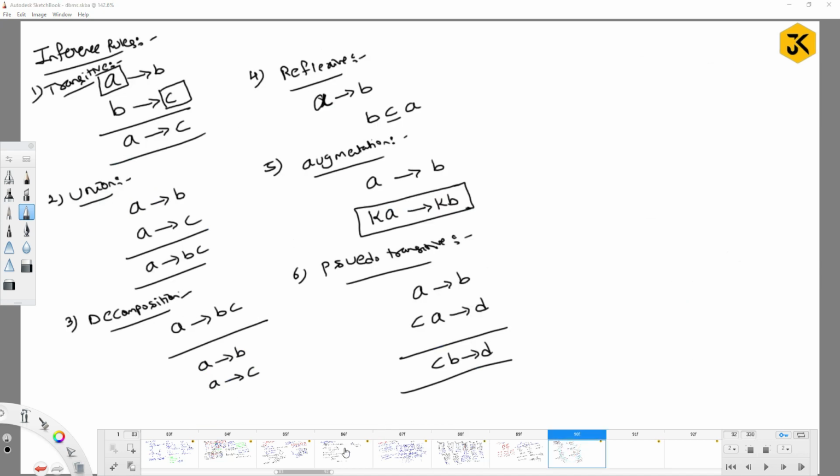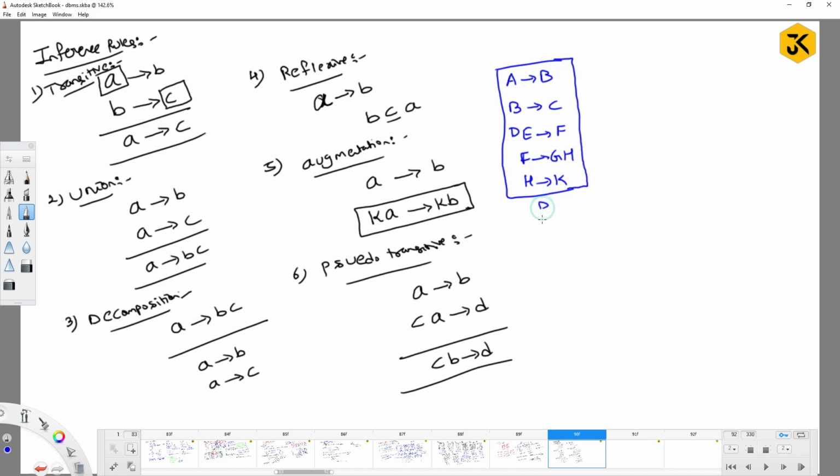Yes. But the problem here is, let us take an example. For example, A determines B. B determines C. DE determines F. F determines GH. H determines K. Right? Assume that these are the set of functional dependencies I have written with the help of my basic knowledge. I can call it F1.